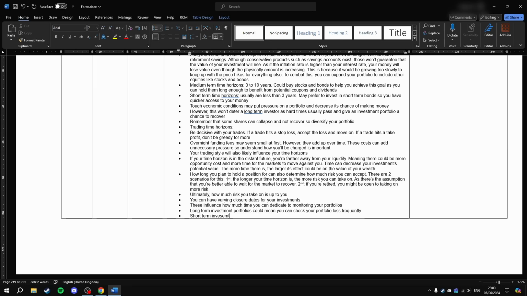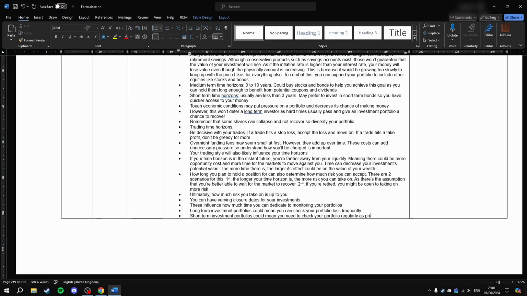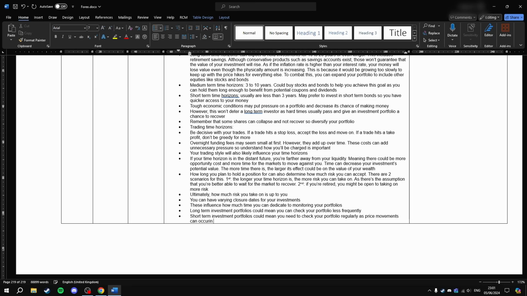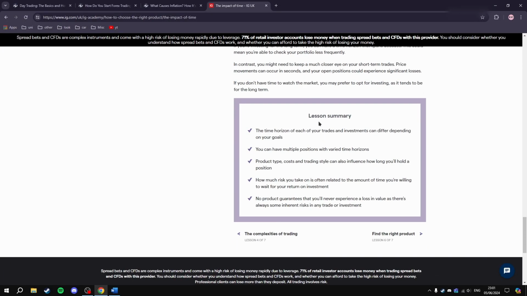Short-term investment portfolios could mean you need to check your portfolio regularly, as price movements can occur in seconds. If you don't have time to watch the market, you may prefer to opt for investing, as it tends to be for the long term.